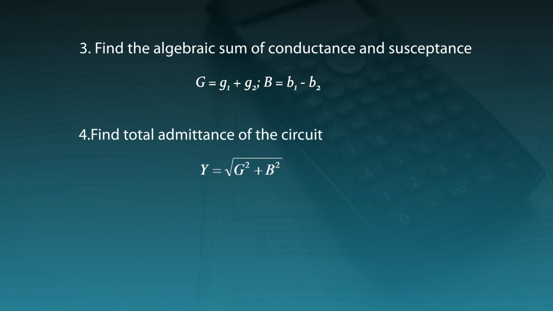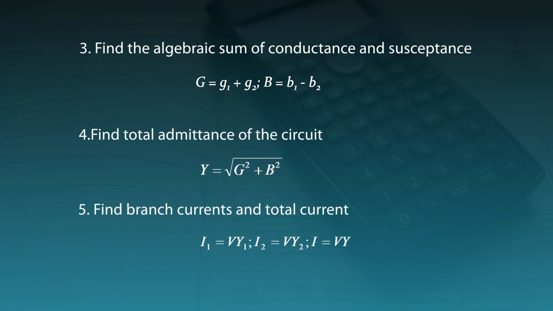Then you have to find out the branch currents and the total current. The branch current can be calculated as I1 equal to applied voltage, capital V, multiplied by the admittance of branch 1, that is Y1. So I1 is equal to capital V multiplied by Y1. Similarly, you can calculate the branch current for the second branch: I2 is equal to V into Y2.